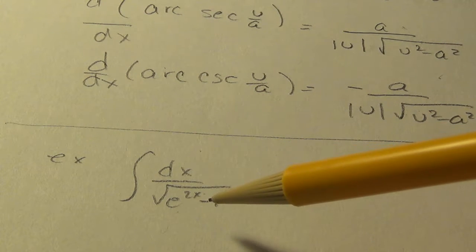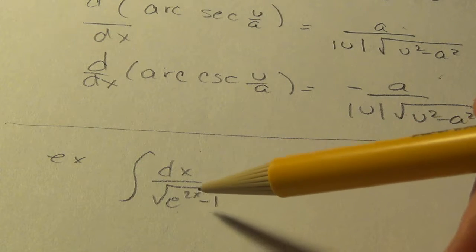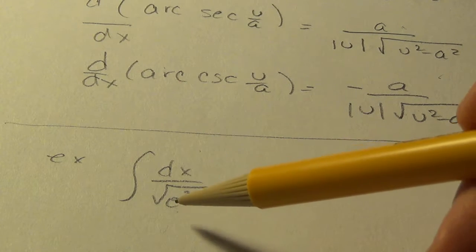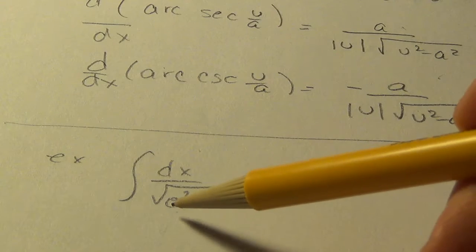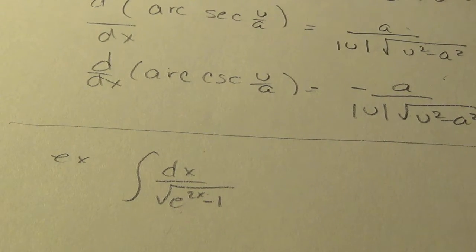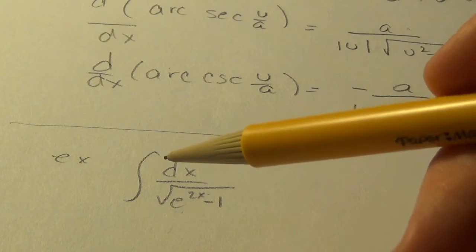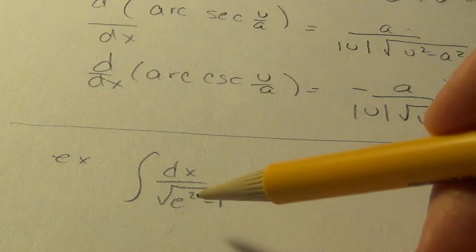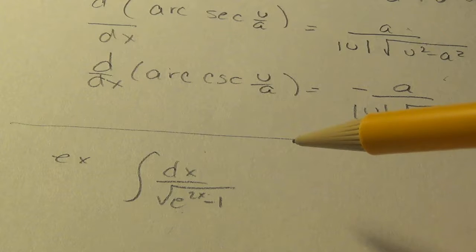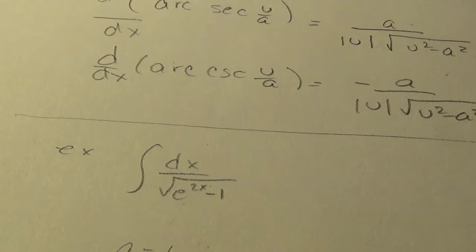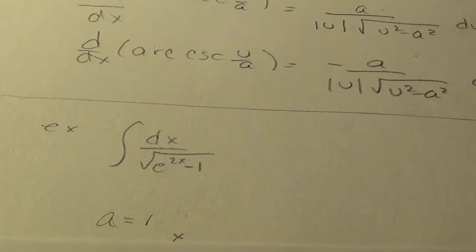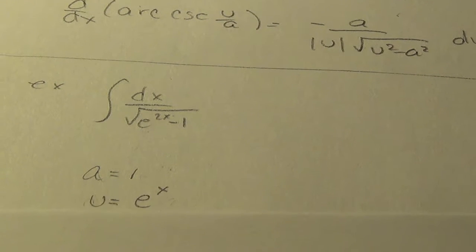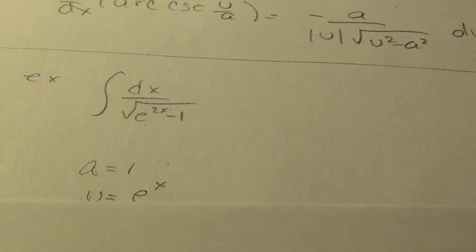So I'm going to start out by saying what u would be and what a would be. So u would be e to the x, because when you square u, you get u squared, and squared e to the x, you get e to the x raised to the 2, which is e to the 2x. So my a is going to be 1, and my u is e to the x.